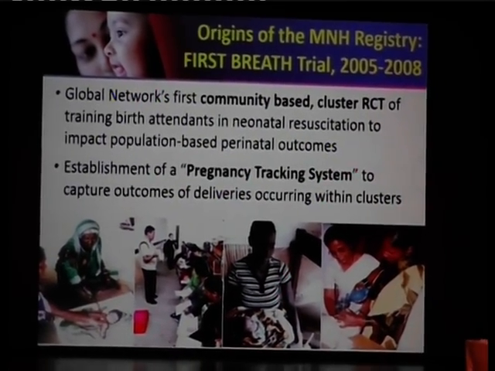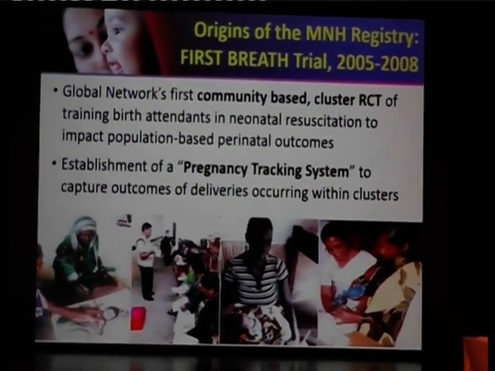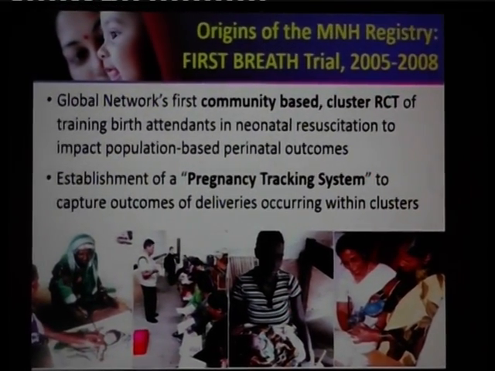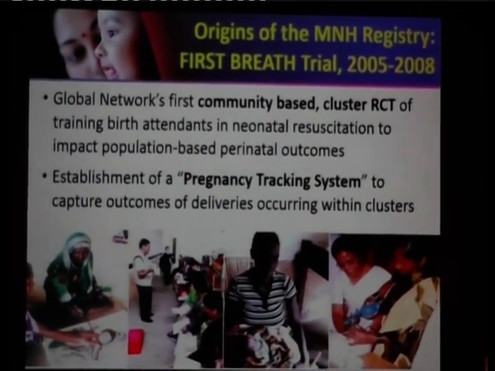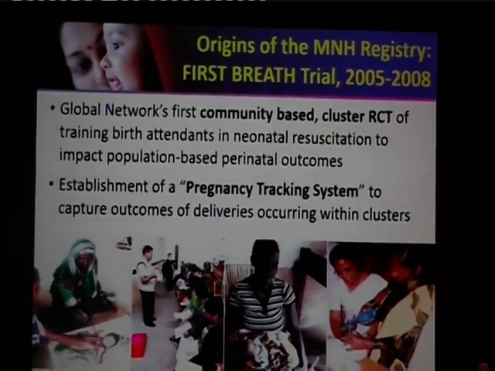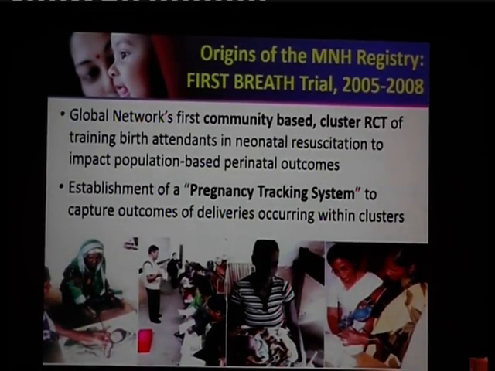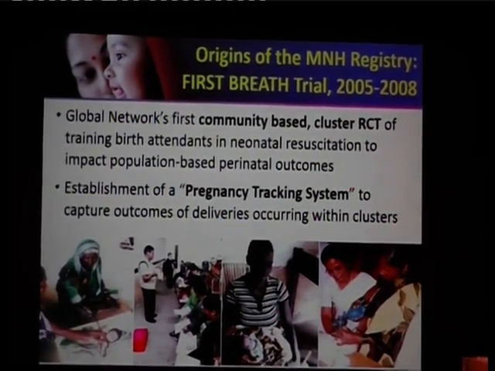This First Breath study was conducted in 2005 to 2008. That necessitated the pregnancy tracking system to capture outcomes of deliveries occurring within clusters.